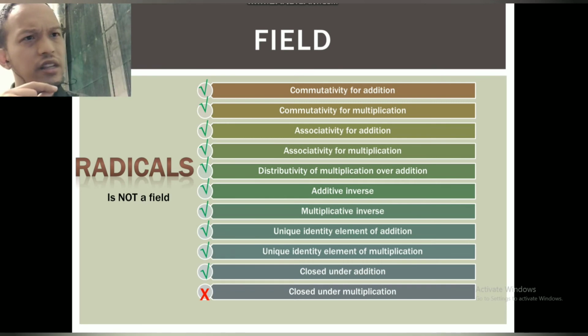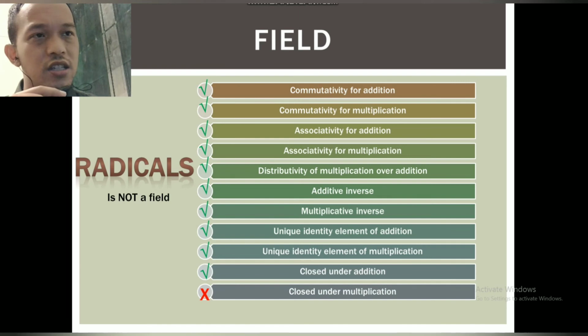So can that be applied for all radicals? No, sadly. If I multiply square root of 3 times square root of 3, square root of 3 is a radical and square root of 3 is another radical, it equals 3.